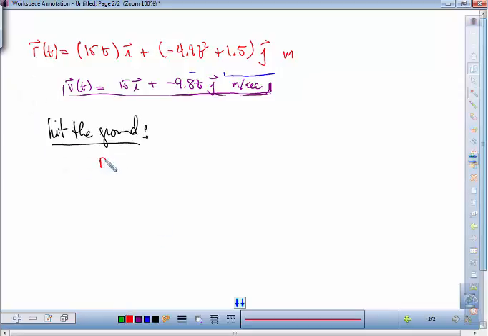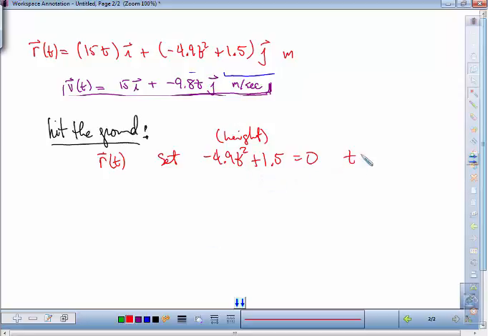So we should look at the position function and set the y component of the position function equal to 0, because that's the height. So we're going to set negative 4.9t squared plus 1.5 equal to 0. This is our height. And then that's going to give us a time when this is going to happen.